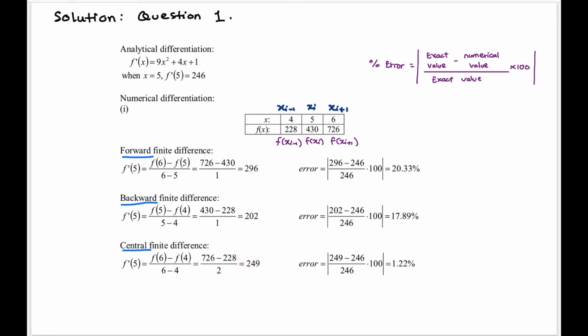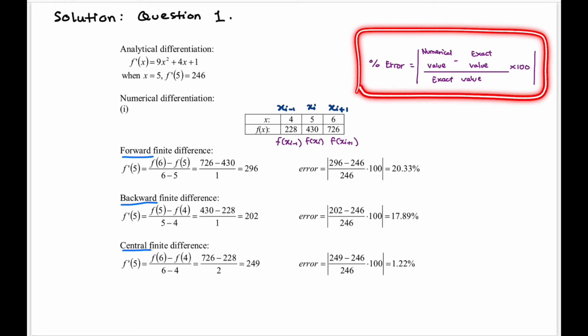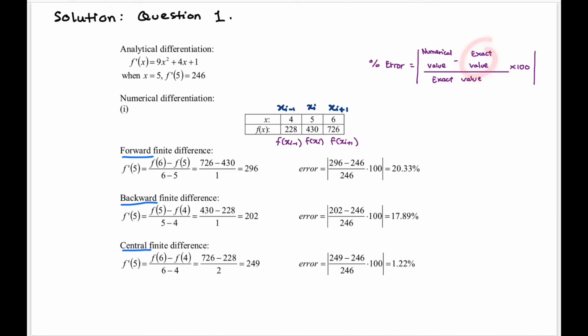Then you have to find the percentage error. This is the formula for error. Numerical value 296 minus the exact value 246 divided by the exact value 246 times 100. Percentage error will be 20.33%. For backward finite difference 17.89%. And for central finite difference, the percentage error is 1.22%.